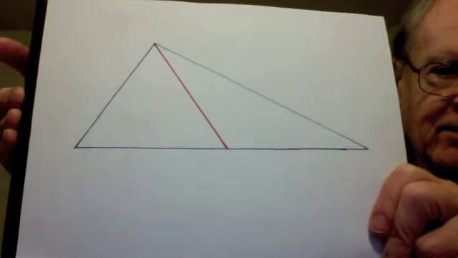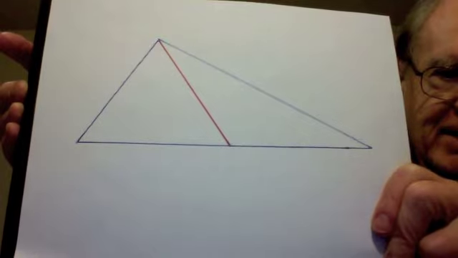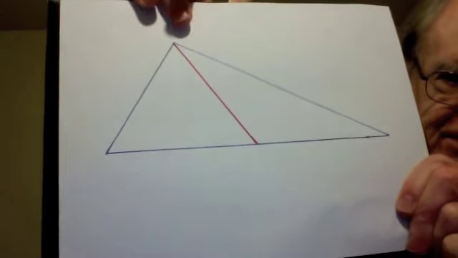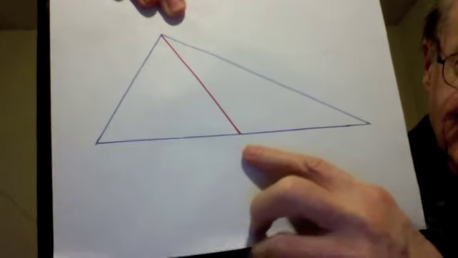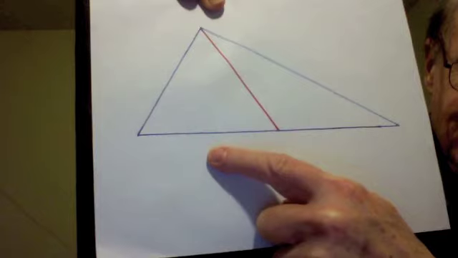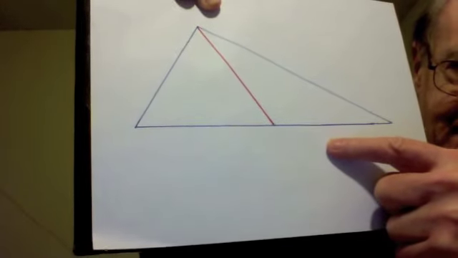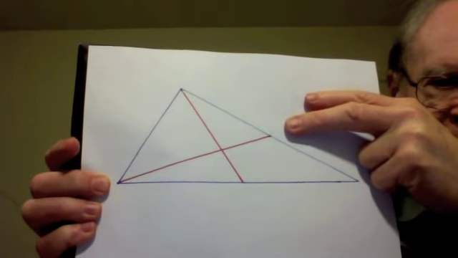Here's a triangle shown in blue, and here is a median of it shown in red. It goes from this top vertex to the midpoint of the opposite side. That means that this part of this bottom side and this part of the bottom side both have the same length. Here is another median of the triangle.